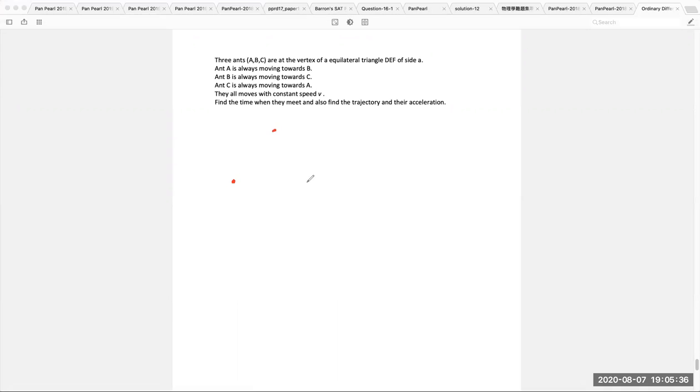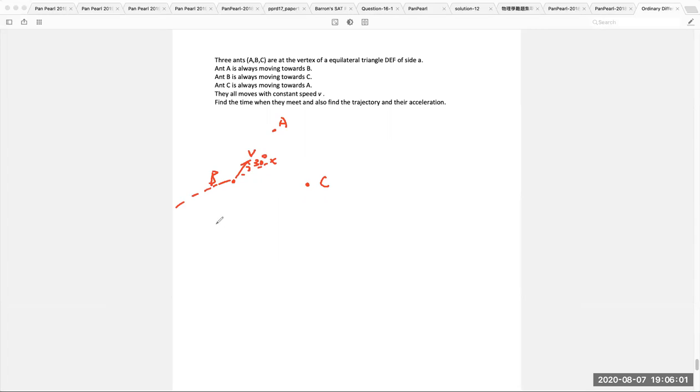Now, it's not necessary to express the trajectory in Cartesian form. It's easier for us to express the trajectory in polar form. The velocity is in this direction. So how can we do it? Yeah, we know that this is 30 degrees.